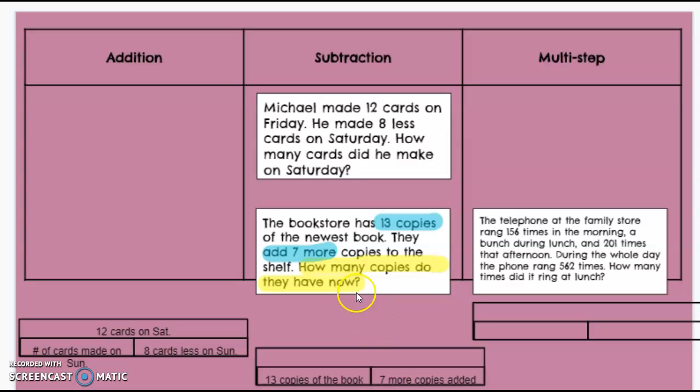But just because they said how many they have now, that does not always mean subtraction. In another problem that we did earlier, we saw how many do they have now, and I think we were subtracting. You can't listen for keywords, okay? Keywords don't always work, especially in 3rd grade, because there's multi-steps sometimes. So they had a certain amount, they added more. There's your 13 copies, there's your 7 more. This is going to be an addition problem.